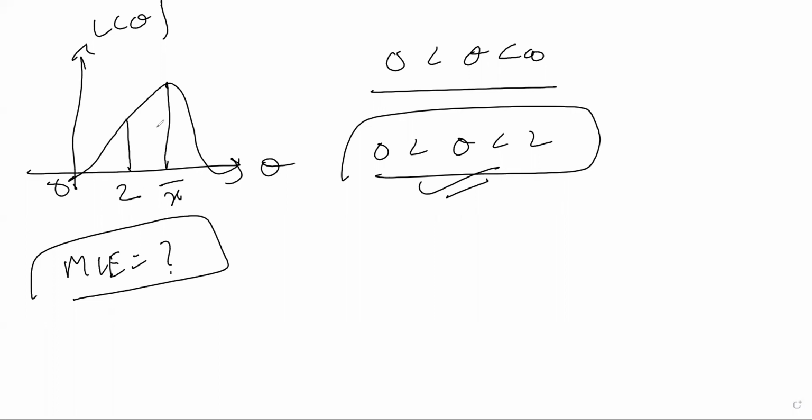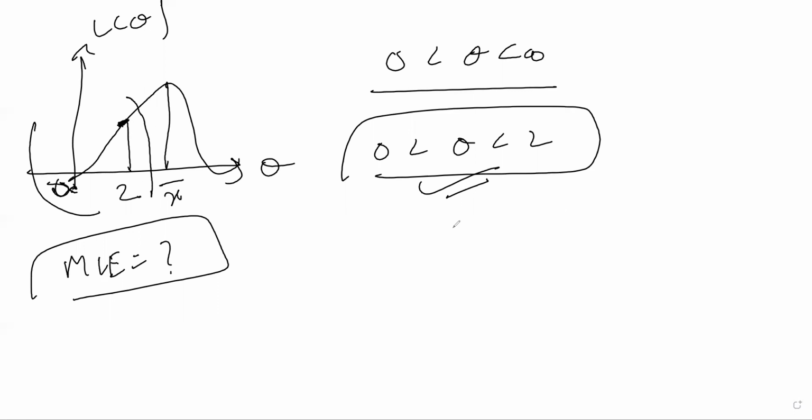In this case, you have restricted theta to lie between 0 and 2, so the highest the likelihood can attain is at 2.